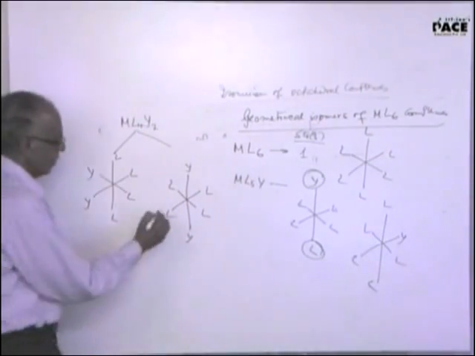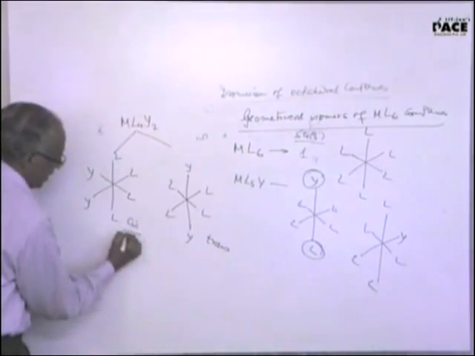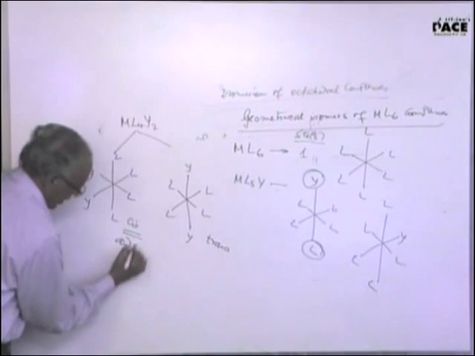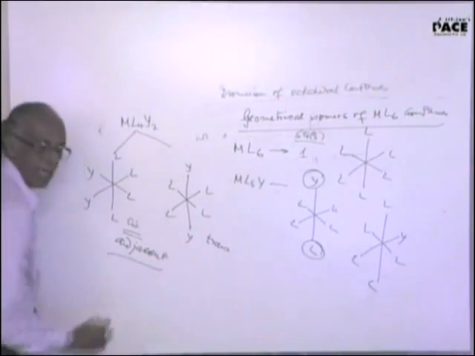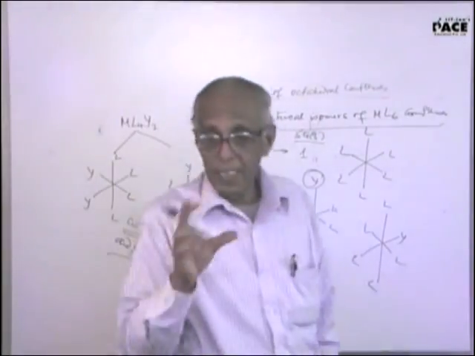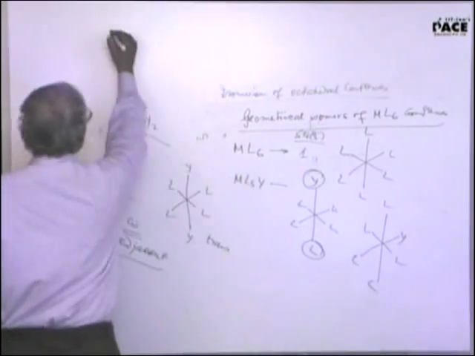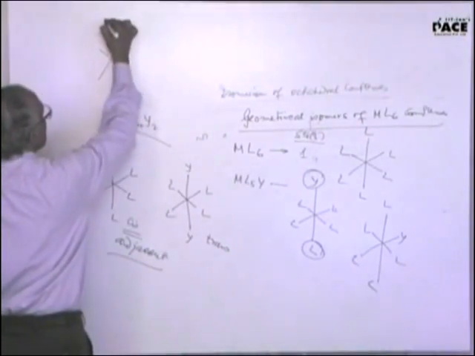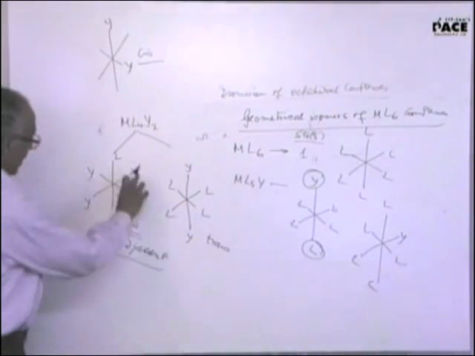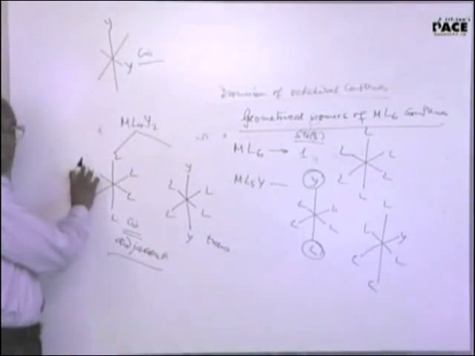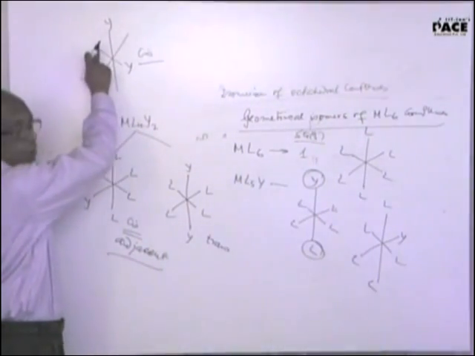So, this is trans, this is cis. Cis means adjacent. Adjacent does not mean immediately adjacent. This is also cis, this is also cis, this is also cis.